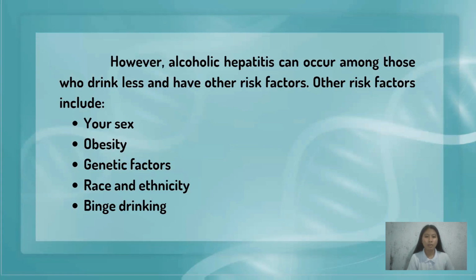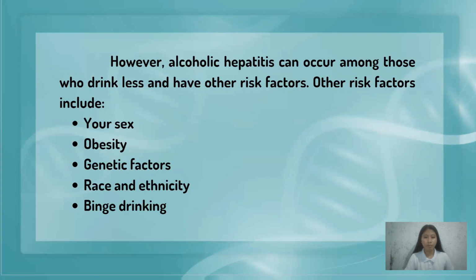Other risks include your sex. Women seem to have a higher risk of developing alcoholic hepatitis, possibly because of differences in the way alcohol is processed in women. Second, obesity. Heavy drinkers who are overweight might be likelier to develop alcoholic hepatitis and to progress from the condition to cirrhosis. Third, genetic factors.